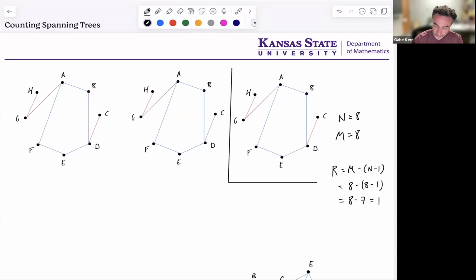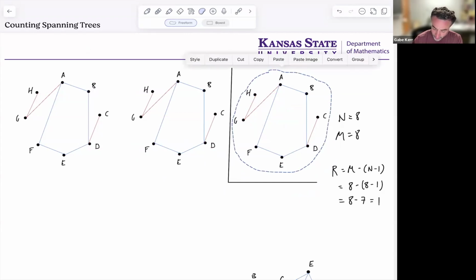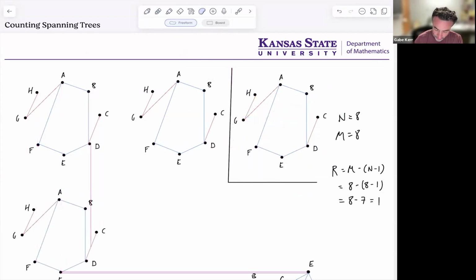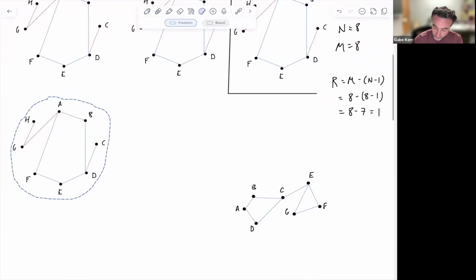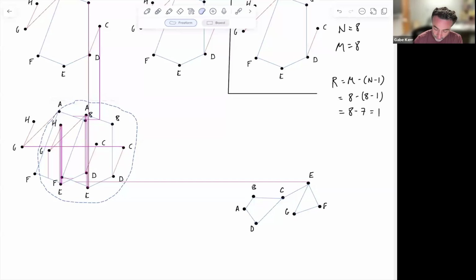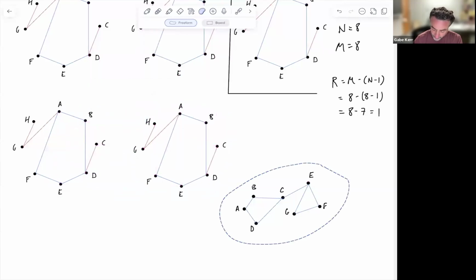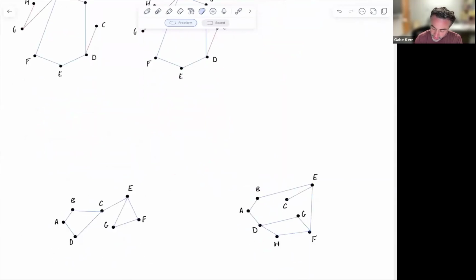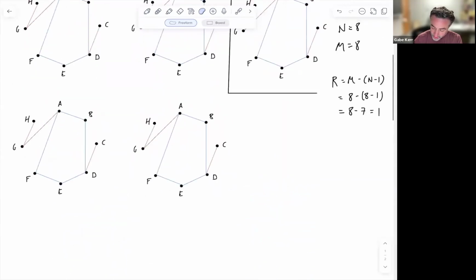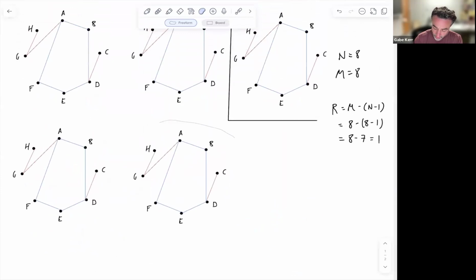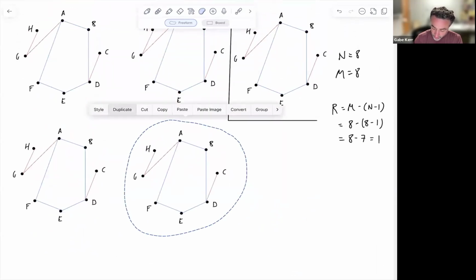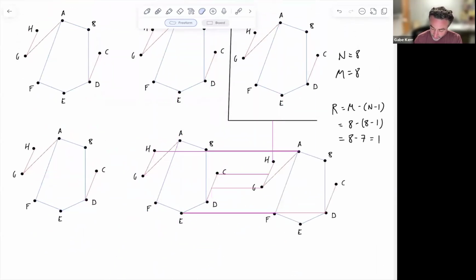I'm going to run out of room, so I'll move the second examples down a bit so that I have room.